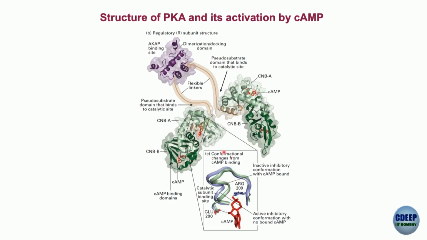The moment you add cyclic AMP, there is a conformational change which happens in this region. That is how this will remove the inhibition from the pseudo substrate domain, so that your catalytic subunit can dissociate and go and bind to its actual substrate.